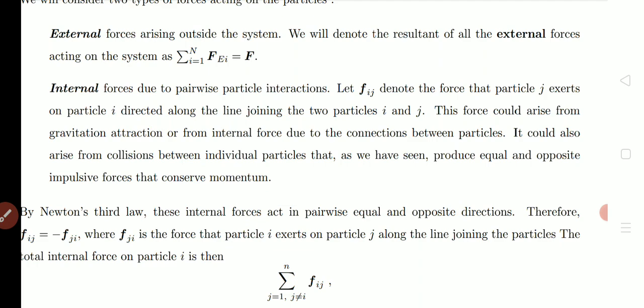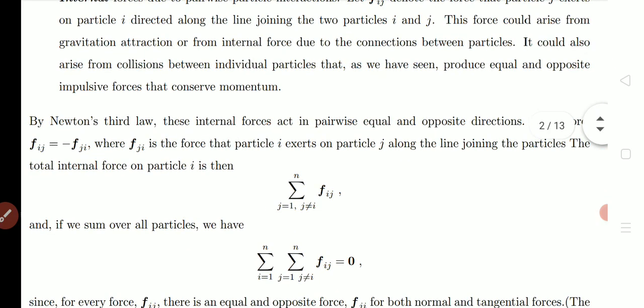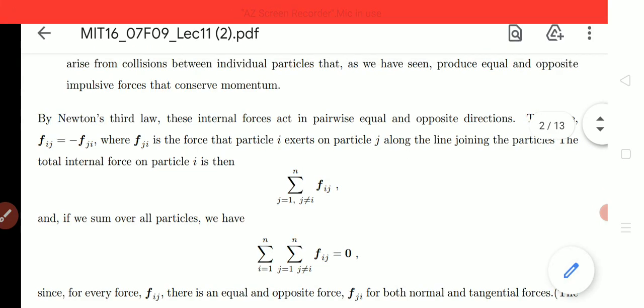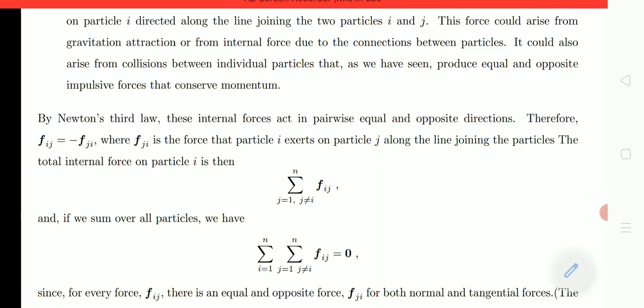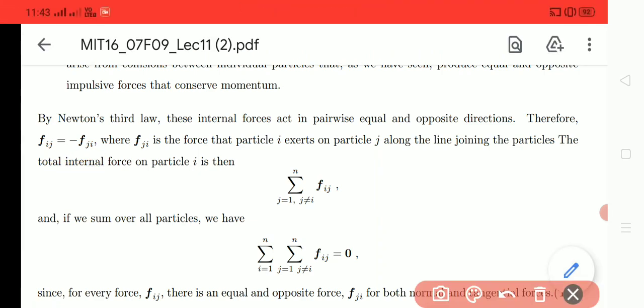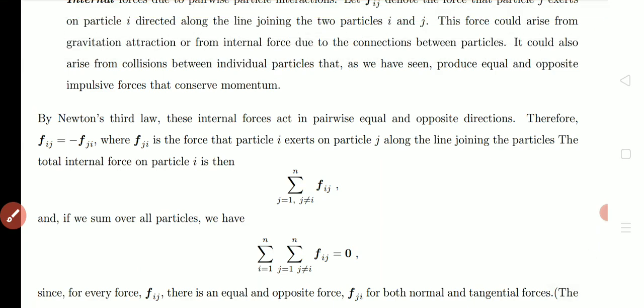It could also arise from collisions between individual particles that, as we have seen, produce equal and opposite impulsive forces that conserve momentum. By Newton's third law, these internal forces act in pairwise equal and opposite directions. Therefore, Fij is equal to minus Fji, where Fji is the force that particle i exerts on particle j along the line joining the particles.